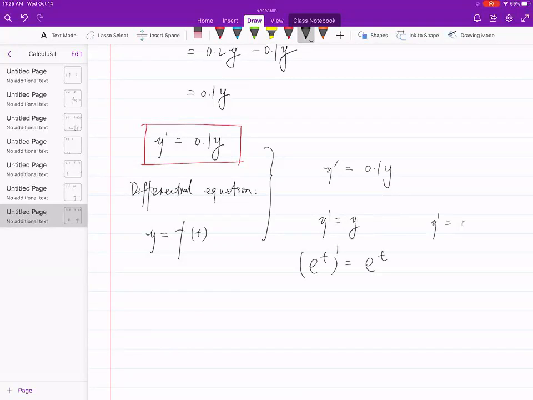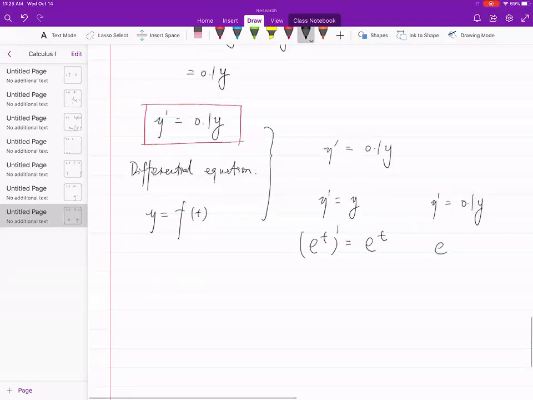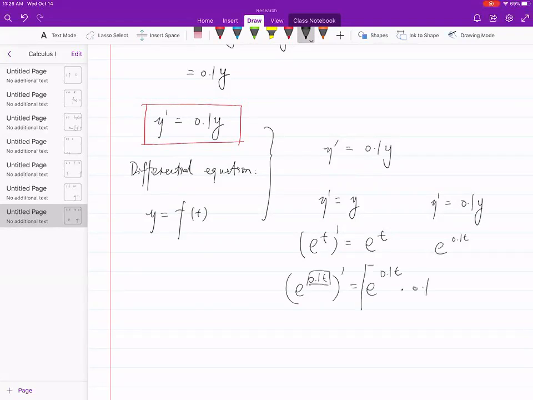So Julia, what if I add a 0.1 here? Which function? Would that be like e to the 0.1 t or something? What's the derivative? Let's see. By chain rule, times the derivative of this, which is 0.1, which is itself.